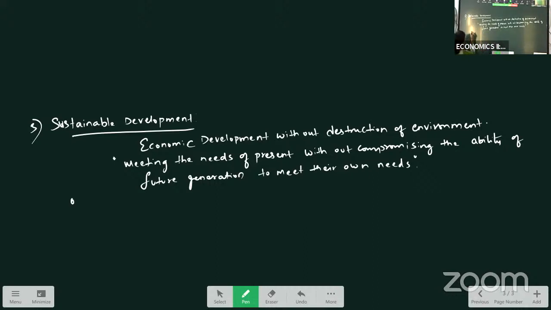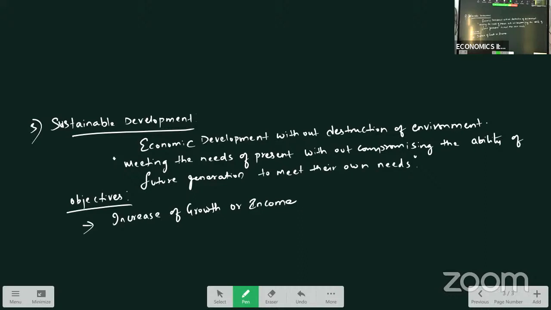You see the objectives of sustainable development. Why should we have sustainable development? First, increase of growth or income. That means sustainable development aims to increase the standard of living of all sections of society.